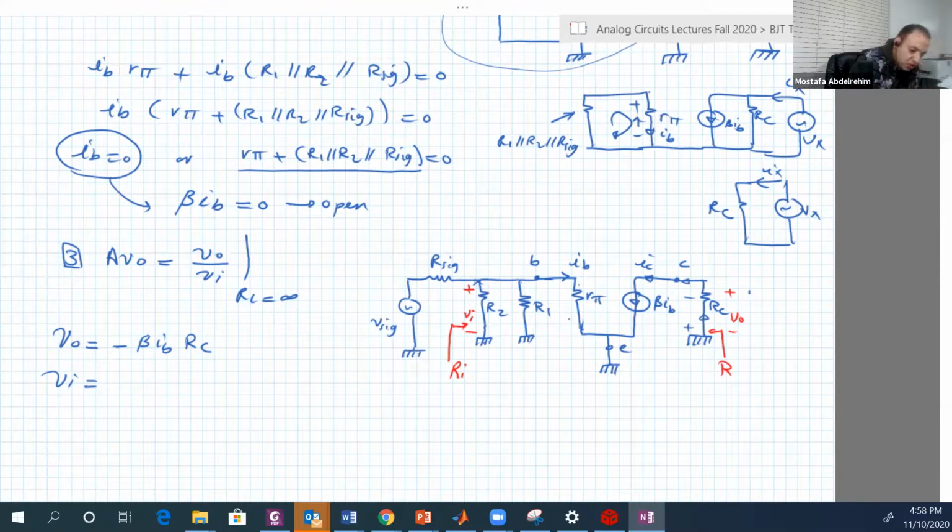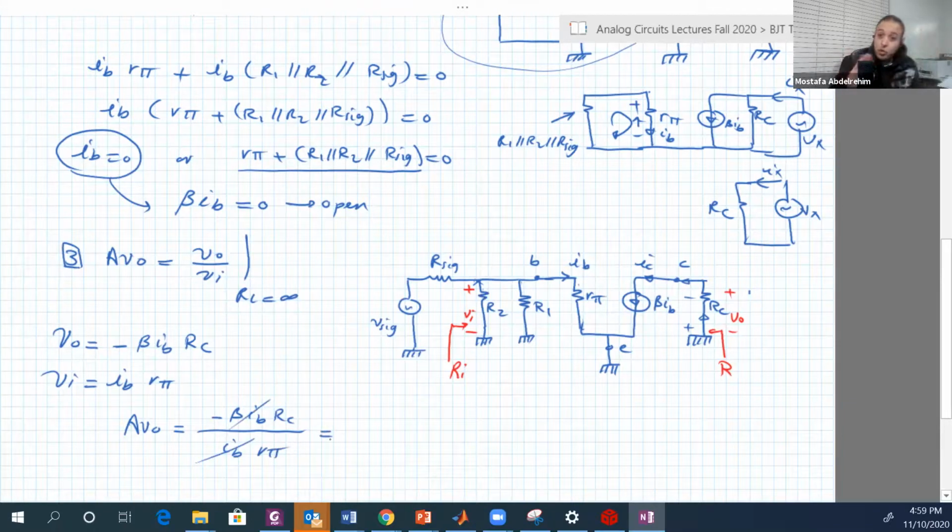So whatever the current in each one is, use it. We know the current in R pi is IB, so it's IB R pi. So AV naught is equal to VO minus beta IB RC over VI, IB R pi. IB goes with IB.